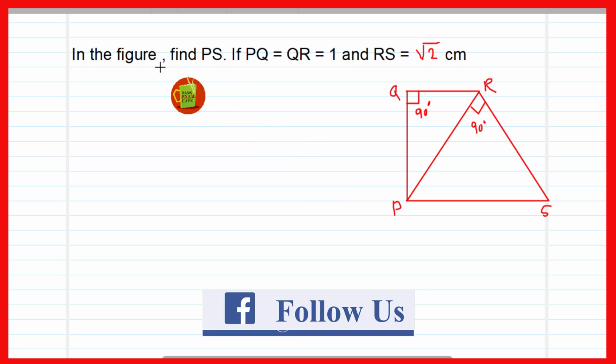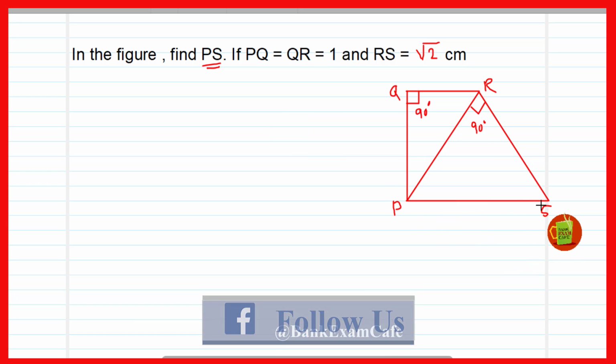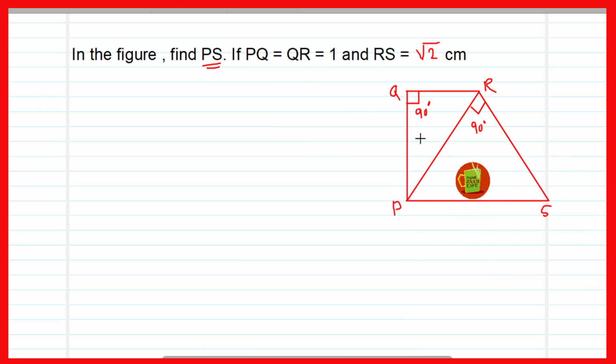Here is another question. In the figure, find PS. We have to find PS, meaning this distance we have to find. It is given that PQ is equal to QR is equal to 1 centimeter.